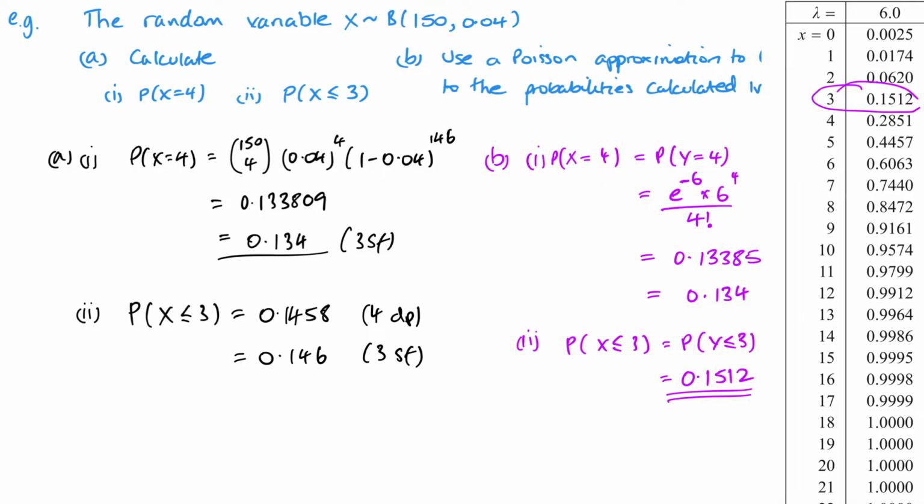You can see it's only correct to 2 significant figures rather than 3 in this case. This is still perfectly valid as n is large and p is small. It is always going to be slightly different with the more values that you're taking in within this approximation.